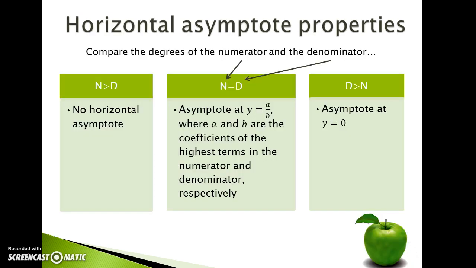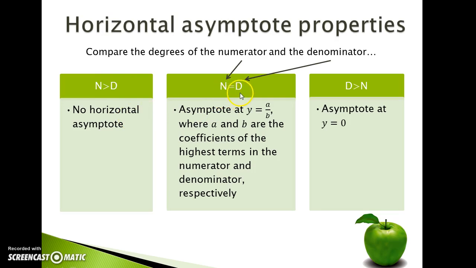Now, vertical asymptotes are not the only ones that have rules. We also have horizontal asymptote properties. And here we compare the degrees of the numerator and the denominator. If the numerator has more degrees than the denominator, there is no horizontal asymptote.